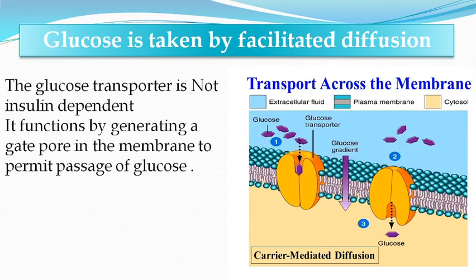As we all know, glucose is taken by facilitated diffusion by specific glucose transporters present on the cell membrane of red blood cells. They are termed GLUT1. Such a glucose transporter is insulin independent. Its level on the surface of the red blood cells is not dependent on the presence or absence of insulin.